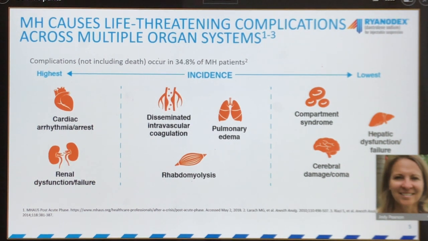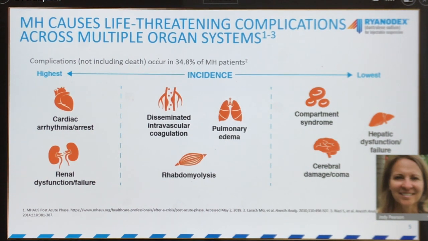And those complications that occur with the highest incidence are listed on your left. And that would be cardiac arrhythmia, arrest, and renal dysfunction and failure. More in the middle would be DIC, pulmonary edema, rhabdomyolysis, and then of lesser occurrence would be compartment syndrome, hepatic dysfunction, and cerebral damage and coma.